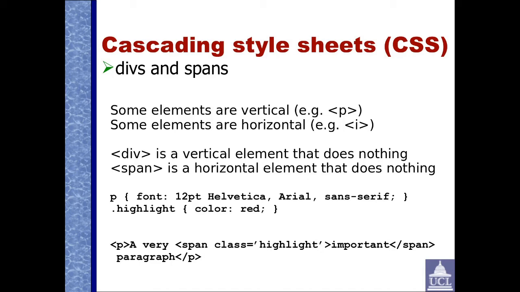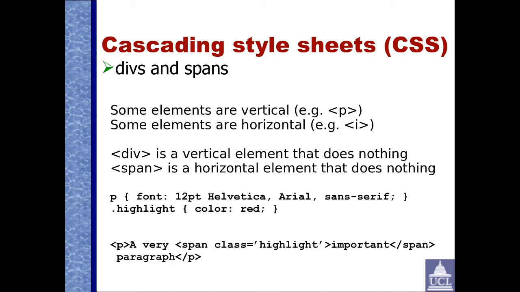While other elements or tags are horizontal in nature. For example, the I for italics or the B for bold provide highlighting or markup of a range of words that's basically working across the page rather than down the page.